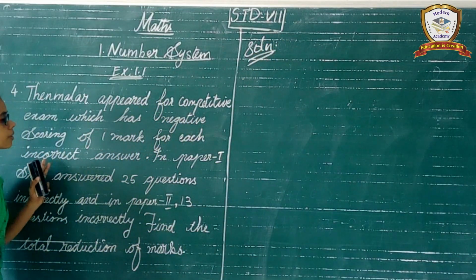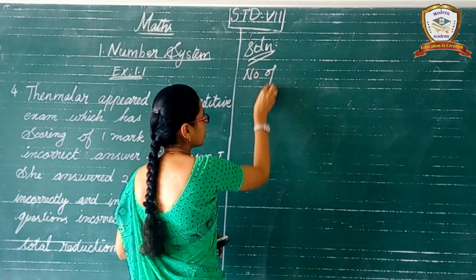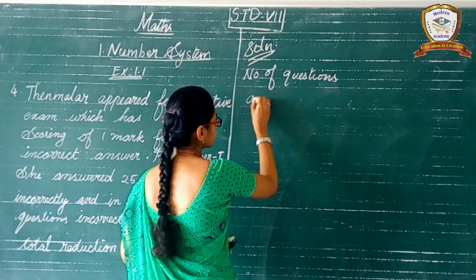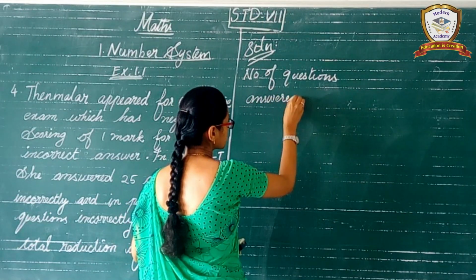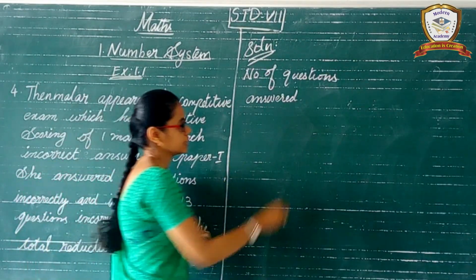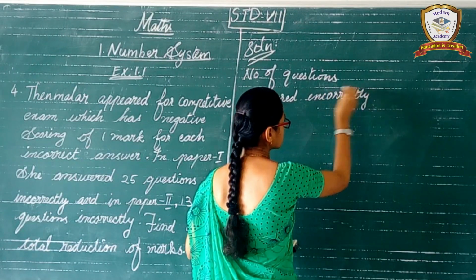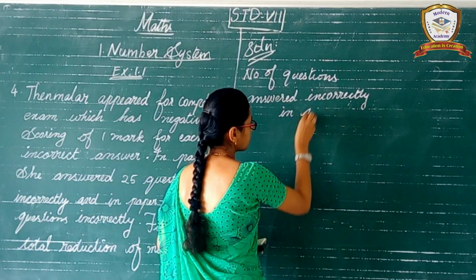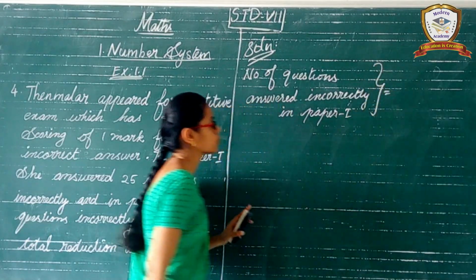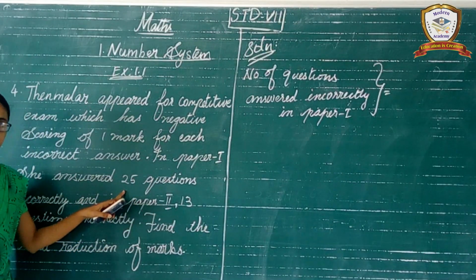Number of questions answered incorrectly, that is wrongly, in paper 1. So in paper 1, how many questions were attempted wrongly? 25.